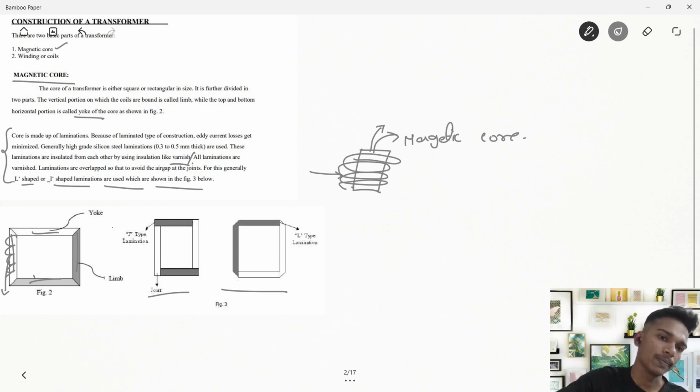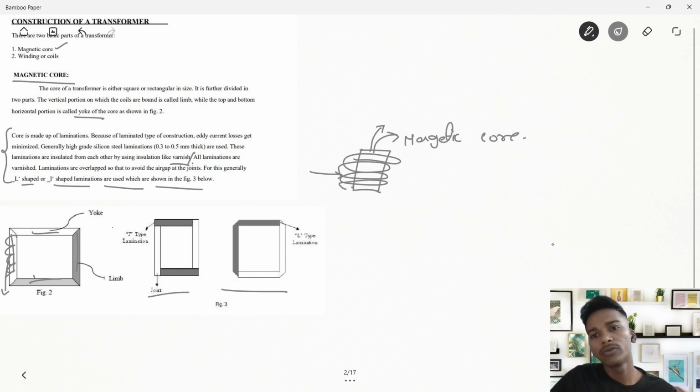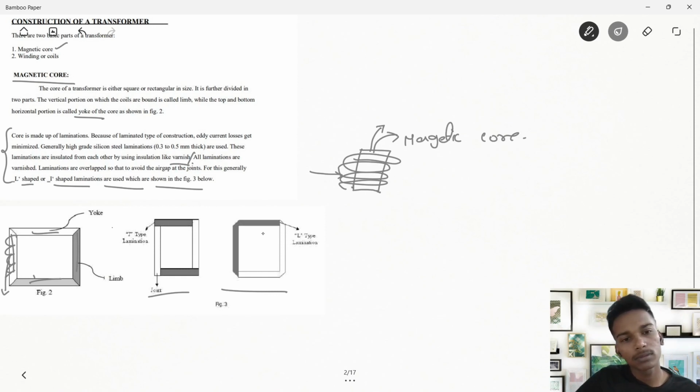We will use some oils which may conduct electricity. There are other losses also, which we will discuss later. So we have to laminate that core so that current won't discharge out of the coil. That's the main purpose of lamination.